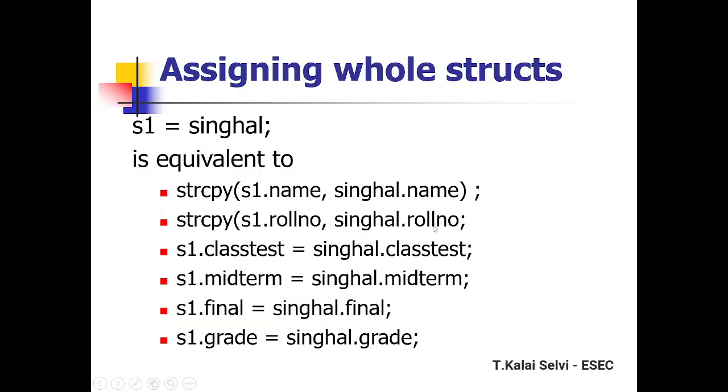This means that the name of the single structure variable is assigned to the name of the S1 structure variable. Similarly, we are assigning the roll number of single to the roll number of S1, and also the class test marks of single to S1 and so on. So this means assigning each and every data member's value from one structure variable to another.